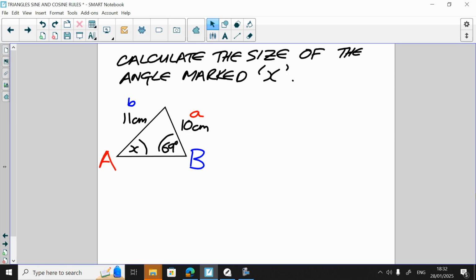Yet again, it is a sine rule because there's two sides involved and there's two angles involved. So two sides, two angles means sine rule. And we're just tying up corresponding sides and angles. You might want to use the word opposite. It's up to yourself.